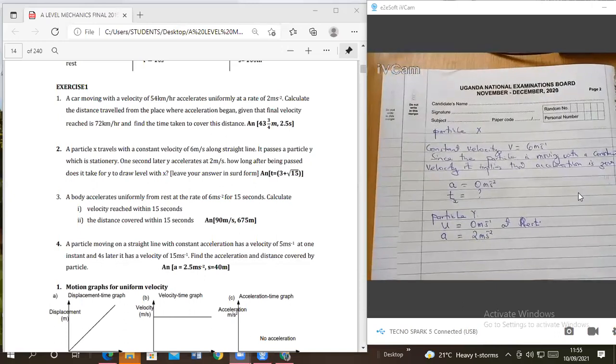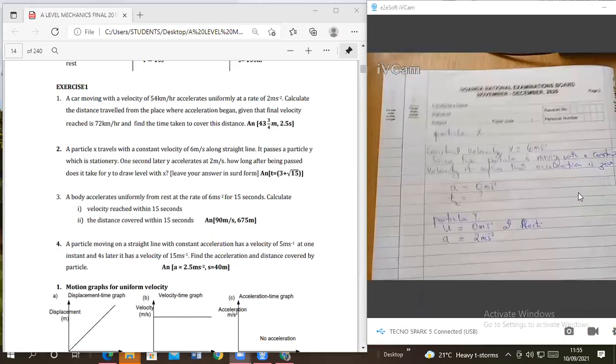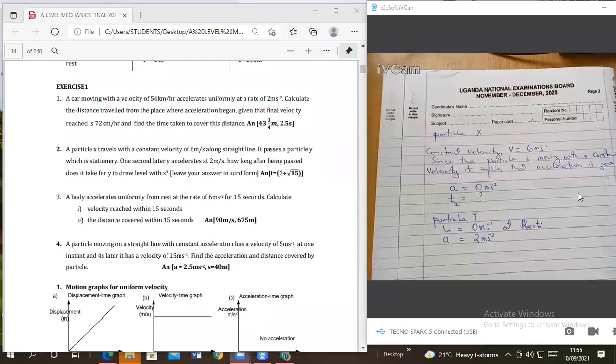Now, what does it mean? 1 second later. It means for particle Y to be at the same level with particle X, particle Y must move for less time than particle X. By what? Less by 1 second, because I said 1 second later.